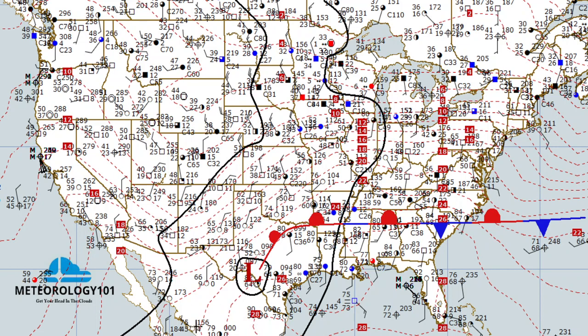I mean, you're still talking weak thermal advection. You know, temperature difference is 90 degrees to 66 degrees, so there's definitely a cold front there. So let's pull that out of, come on, right there.